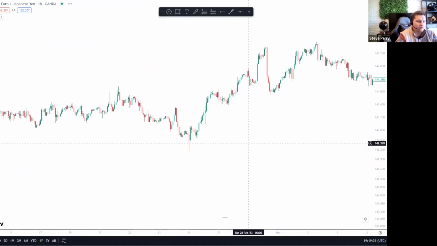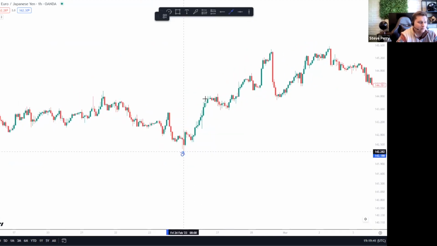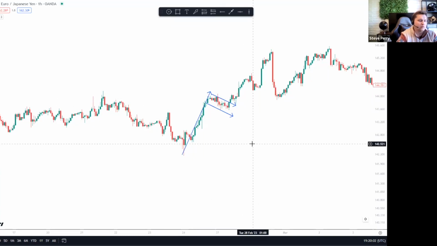This is actually more of a flag, in my opinion. So this is a flag pole right here. And then the flag is more of a rectangle that is tilted like that. Okay, so this is more of a flag to me. It's perpendicular with the flag pole. So that's what you're looking for, and that's more of a flag in my opinion.